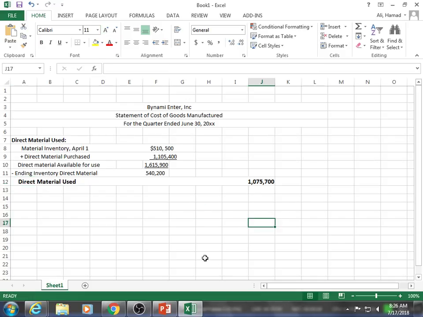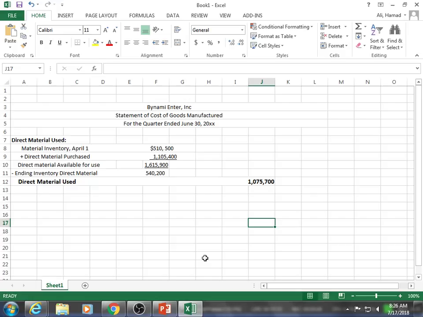All right, so this is material used. You start with beginning inventory, 510,500, plus direct material purchased, 1,105,400. So the total available is 1,615,900, minus ending inventory.